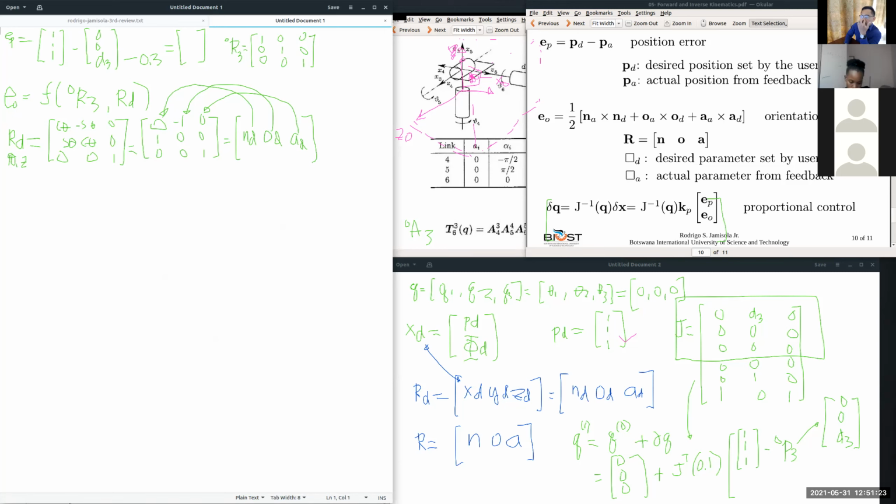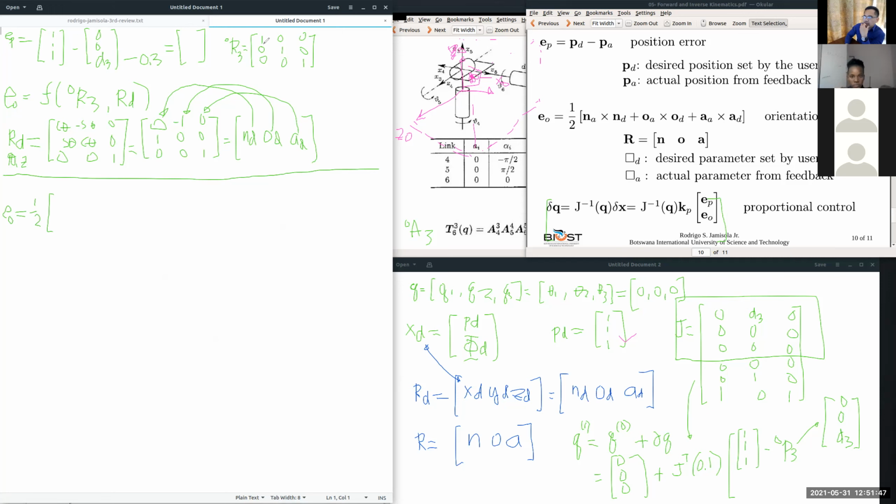There. So now, what is your error term? Your error of orientation is equal to 1/2 of NA, the actual N, cross with N desired.